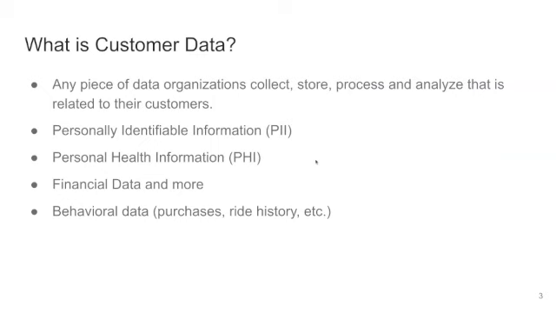So when we think about customer data, it is actually any piece of data that you might be collecting, storing, processing, analyzing as part of your business that is related to your customers. So things like email addresses, phone numbers, home addresses are considered PII, personally identifiable information. Things related to health of your customers can be considered PHI, personal health information. Think about blood type, allergies, test results, genomic data, and so on.